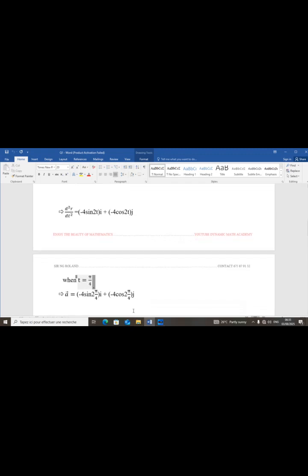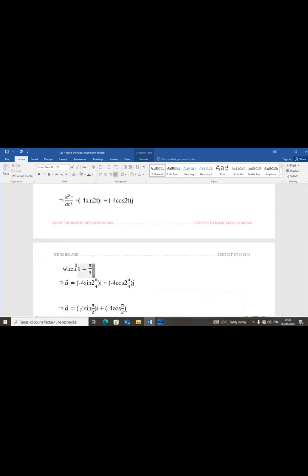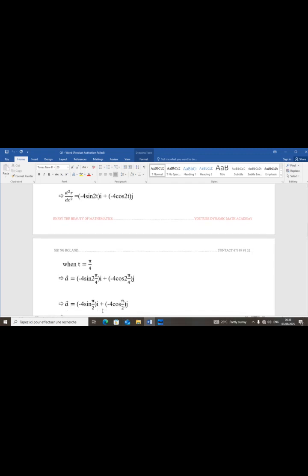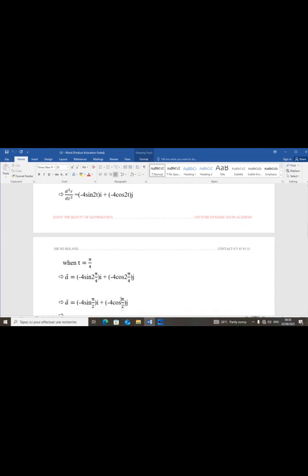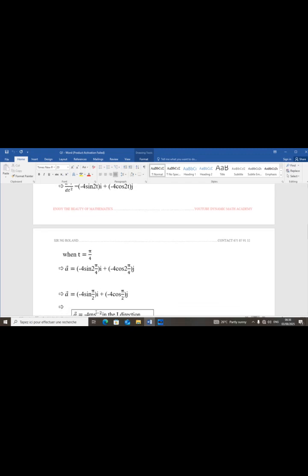From there, we just simplify the angle: minus 4 sin pi on 2 i minus 4 cos pi on 2 j, because the 2 cancels with the 4. Now we know that sin pi on 2 is actually sin 90 degrees, and sin 90 degrees is actually 1. You can take a calculator and check that sin 90 degrees is 1.